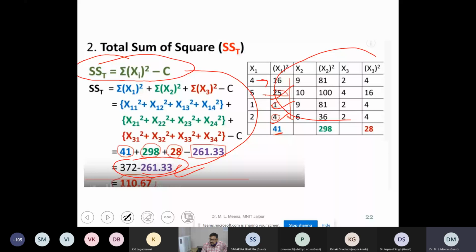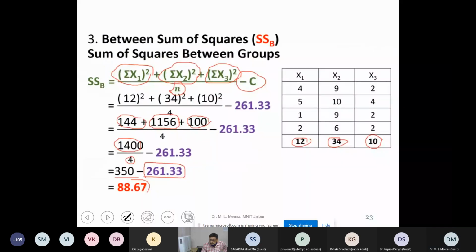Now the third step is the between sum of squares, SSB, or sum of squares between groups. You can see the formula in this PPT: the summation of x for each group, squared, divided by n. Small n is the number of observations for each group.